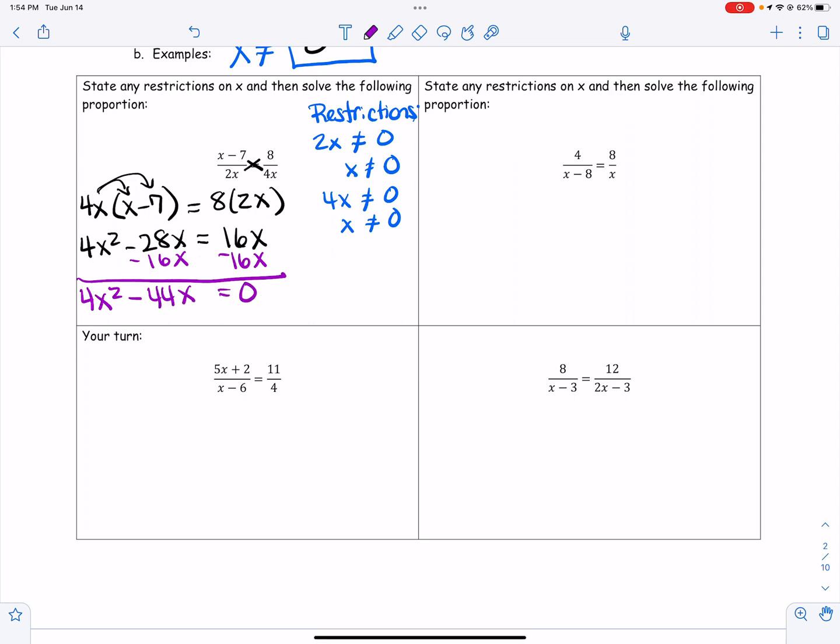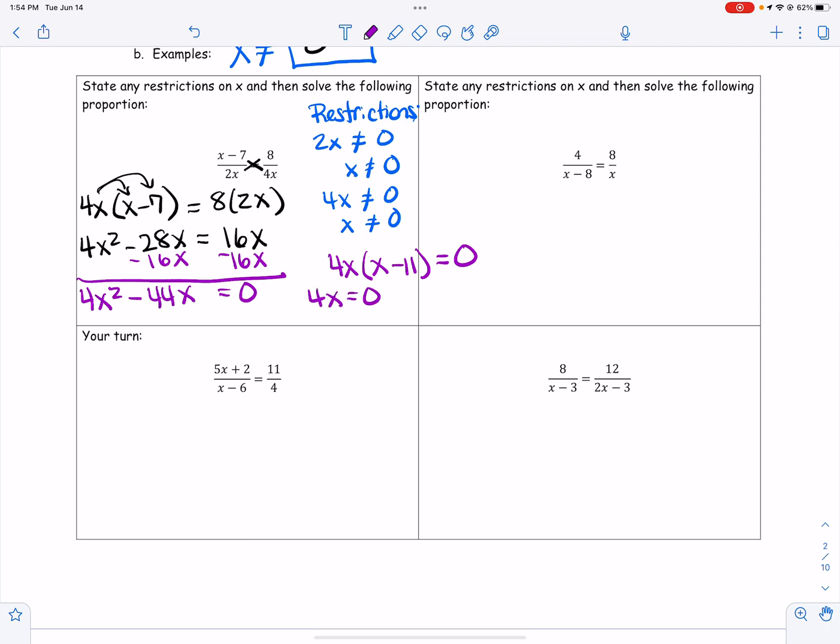To solve for x, I have to factor this because it's a quadratic. I pull out a 4x, and that leaves me with x minus 11 equal to 0.